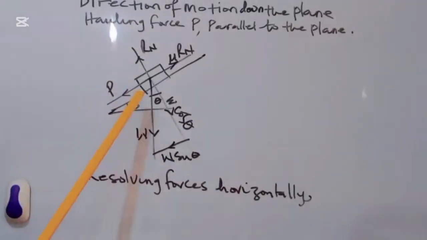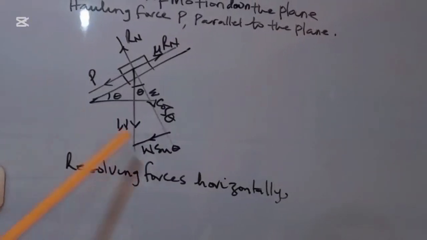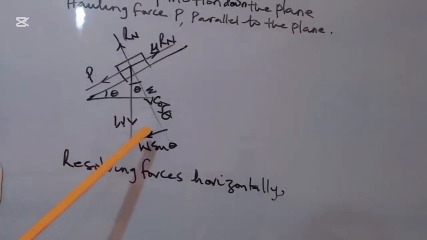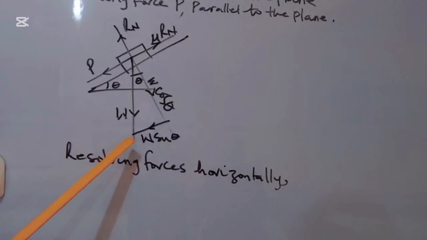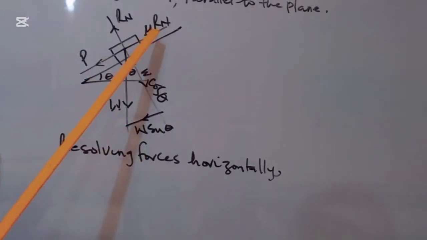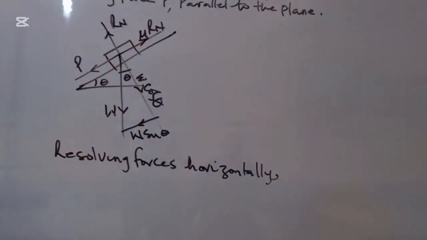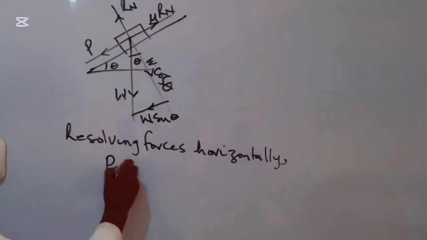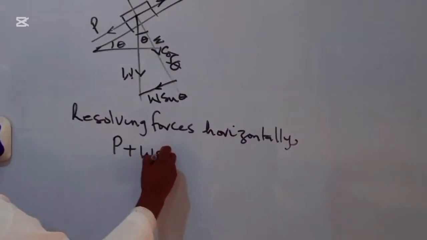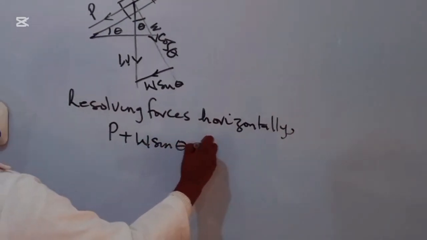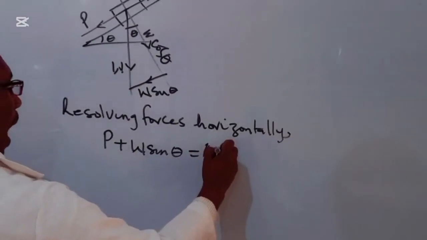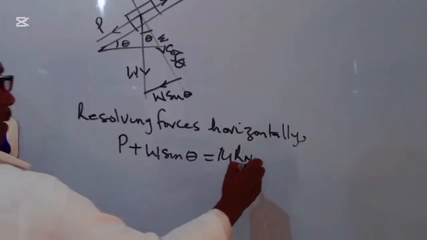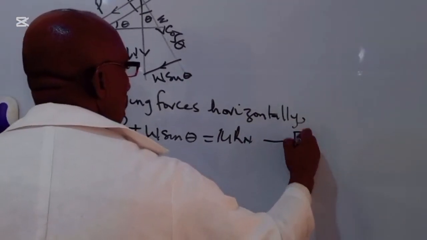We have force P pulling this body downwards, and we have W sin theta also pulling the body downwards, which is the component of the weight acting in the horizontal direction. These two forces are being opposed by the force of friction. So I can write P plus W sin theta equals what? Mu Rn as our equation number 1.